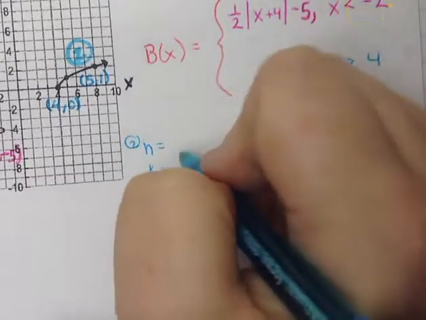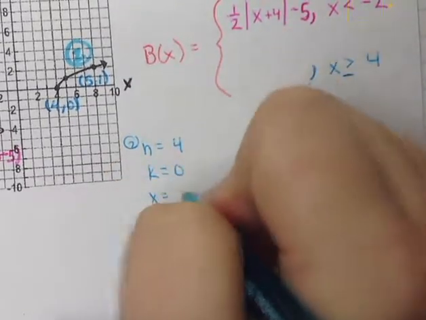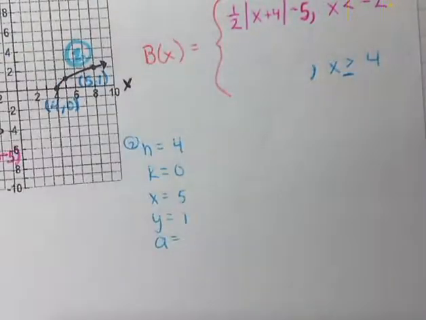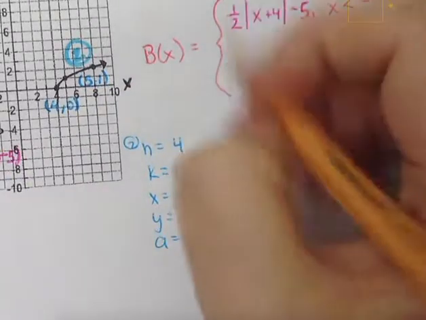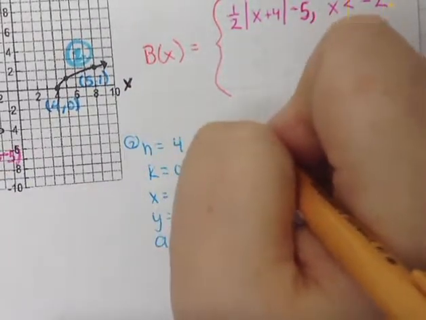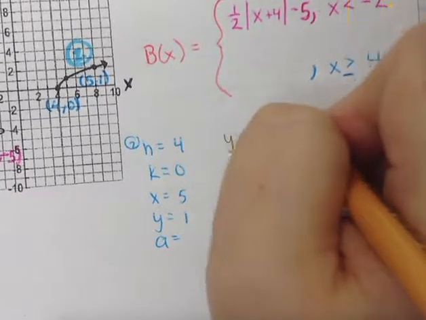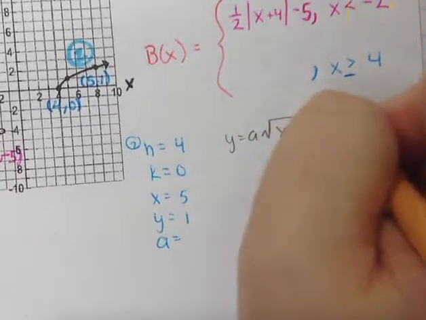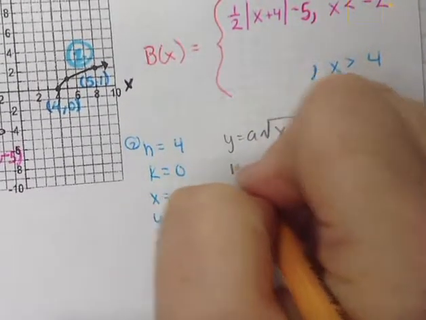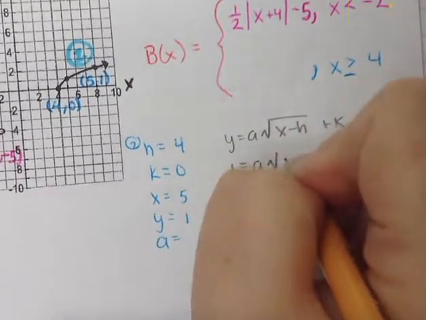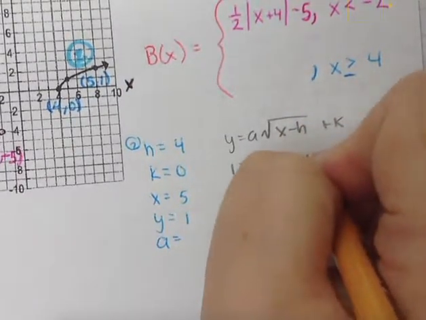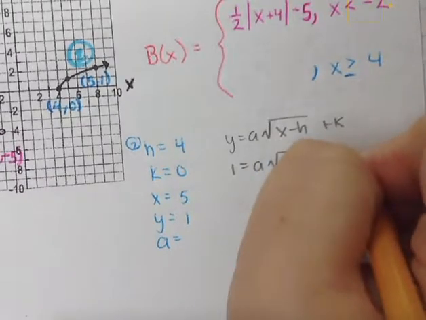So h is 4, k is 0, x is 5, y is 1, and we are trying to figure out the y equals a times square root of x minus h, then plus k. So we have 1 is equal to a times the square root of 5 minus 4 plus 0.